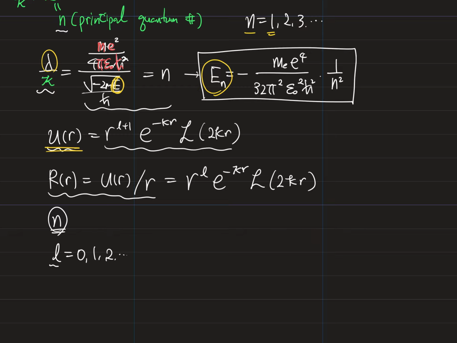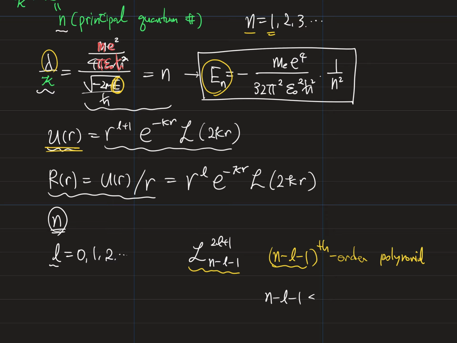But actually, the answer is here. The Laguerre function 2L plus 1, n minus L minus 1. So this function is of order n minus L minus 1 polynomial. So that being said, n minus L minus 1 could not be lower than 0.